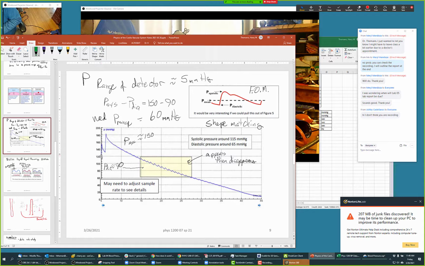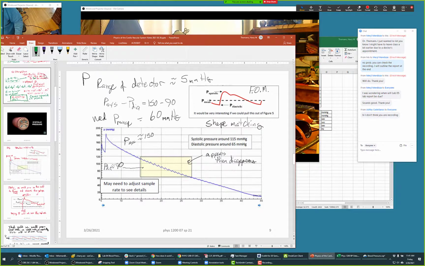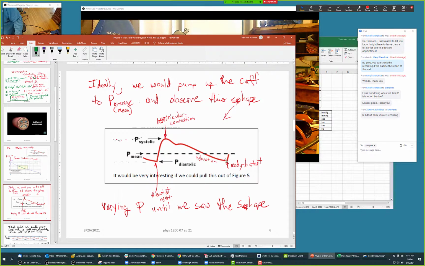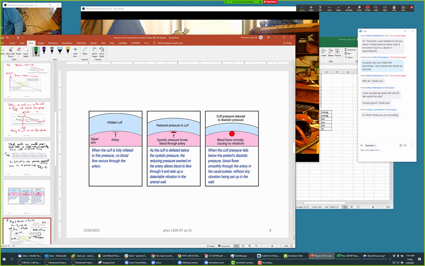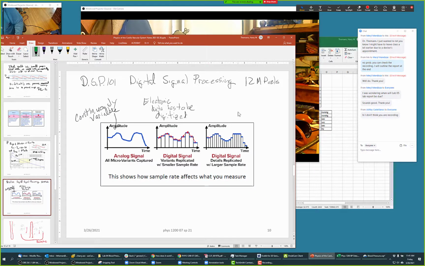Then we're going to take a set of data like this, and we're going to do a polynomial fit to do a sort of average pressure, and then we're going to subtract that from the data, so then we can focus on looking for a figure of merit, which would be the lowest possible swing right here, and or another would be to see this nice shape. Okay. So here is the basic idea.